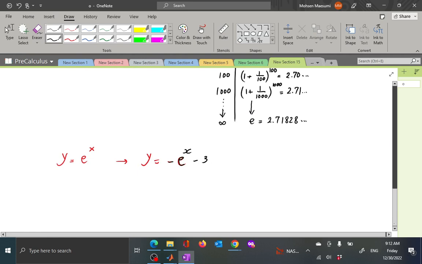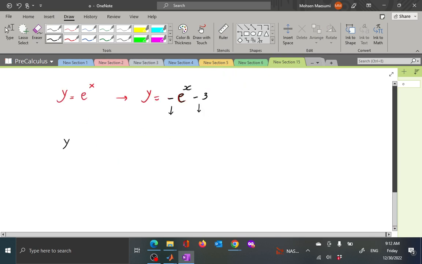So what are two modifications? This is modification number 1. This is modification number 2. So what does minus do? Let's go step by step. Suppose I want to graph minus exponential of x. Exponential of x itself is given to me.